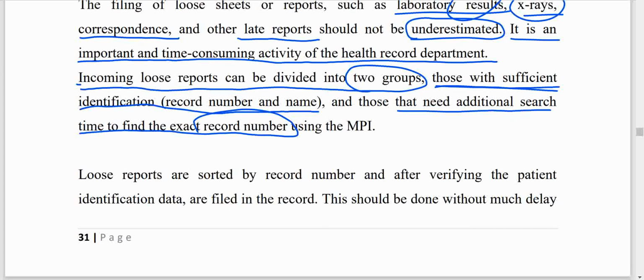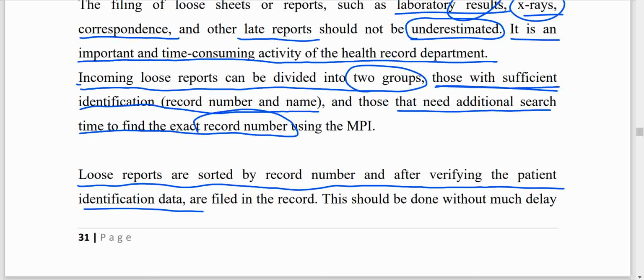Those that have enough information, you put them aside, and those that you still need time to work on, to give them the number and the names, to identify the owners, you also put them separately. Loose reports are sorted by record number, and after verifying the patient's identification data, they are filed in the records.